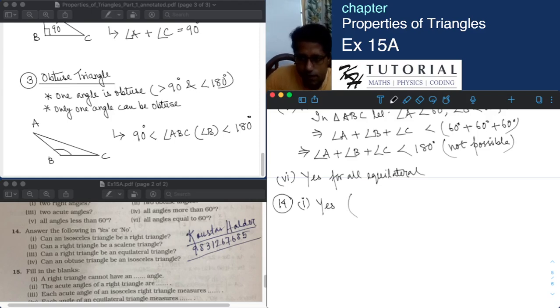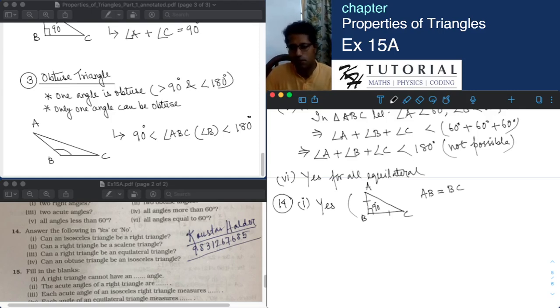Reason being, we can have a triangle like this, a right triangle, an isosceles triangle where AB equals BC.